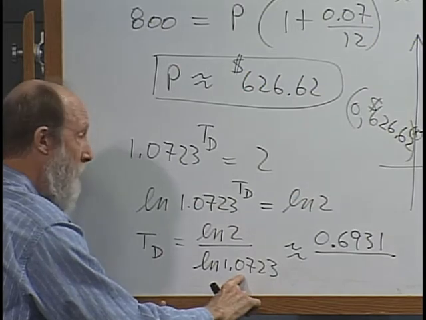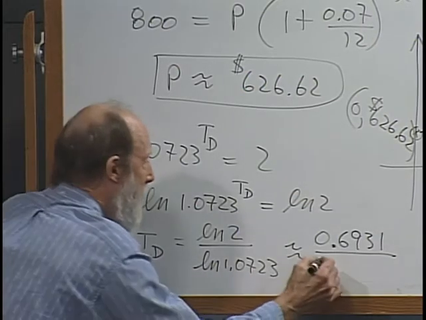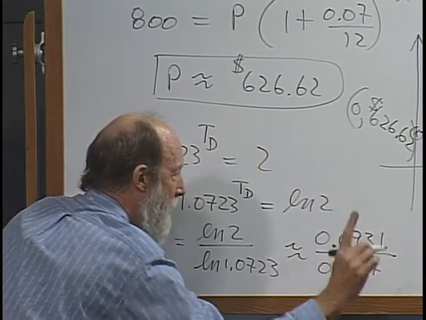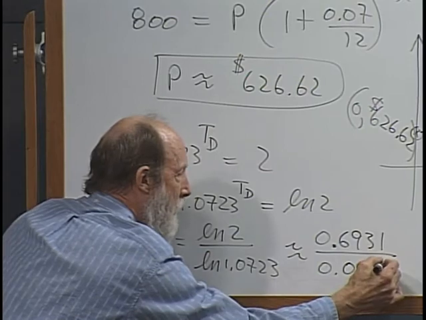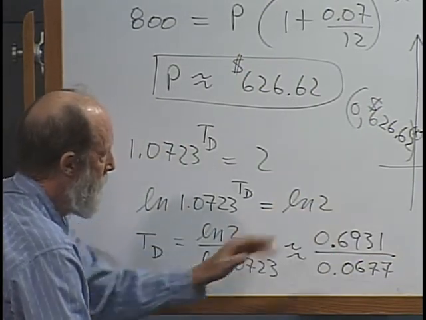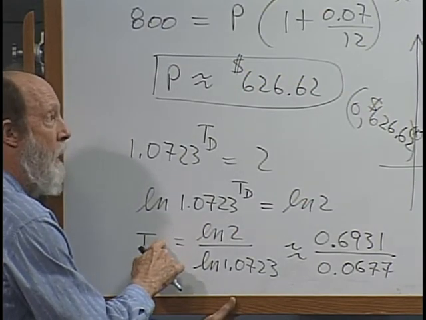So that number has to be pretty small, doesn't it? What'd you get? 0.067. One more. 7. Okay, and then finally, the division of the 2 is going to give us our doubling time.